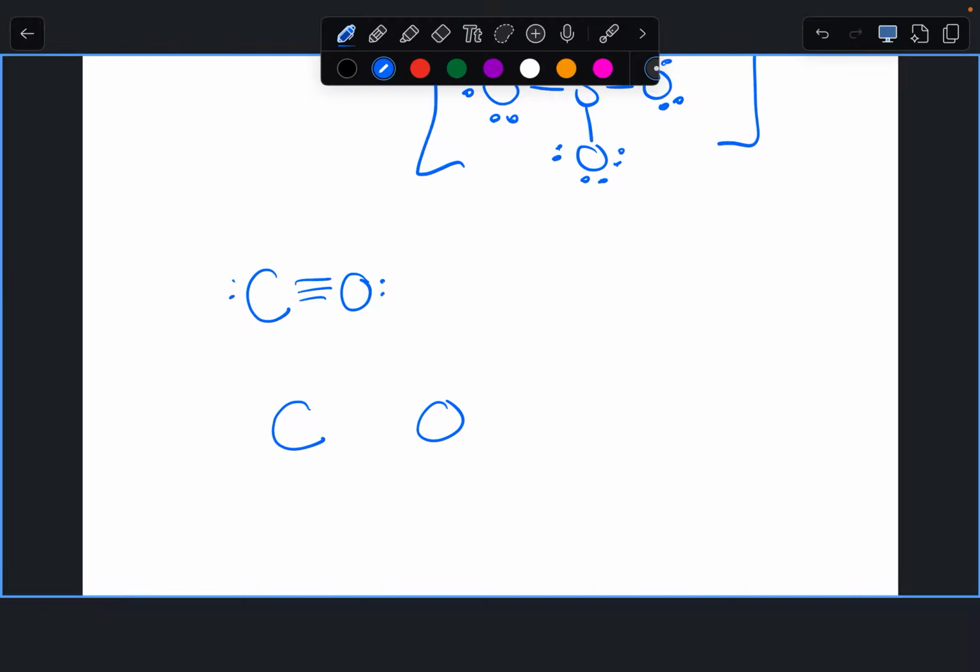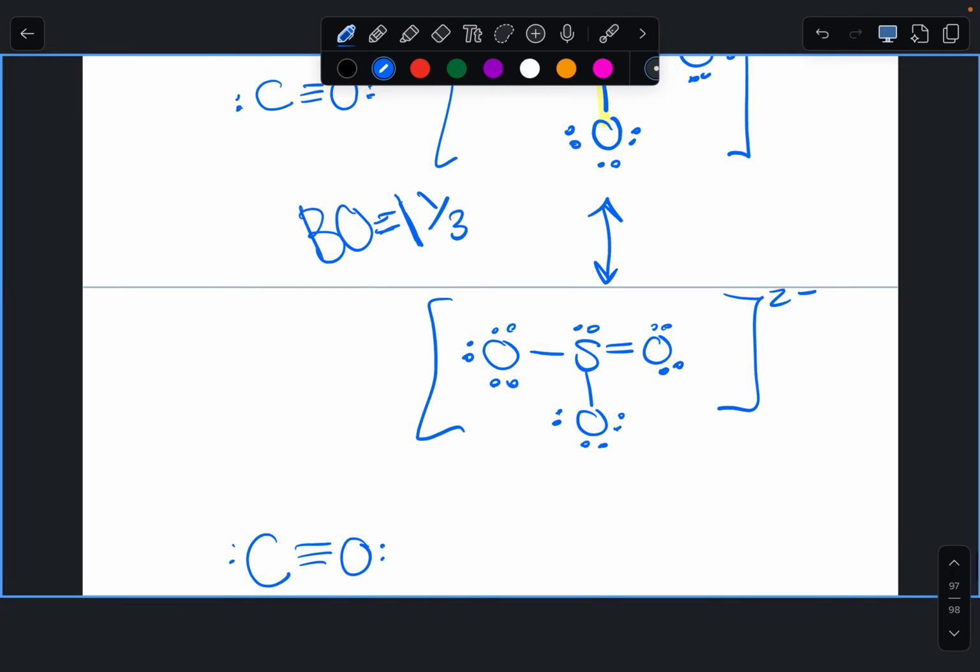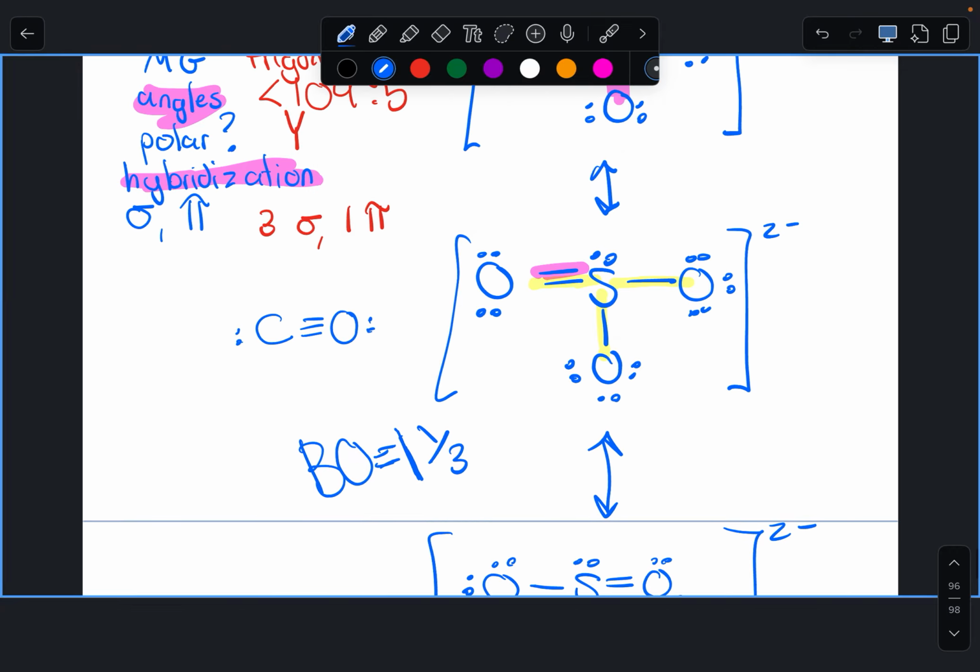And each of these... I'm going to pull in hybridization first, okay? They're tied together because of what orbitals they use to do the bonding. So let's talk about hybridization of the SO3 2-, and then we'll use CO to talk about hybridization as well.